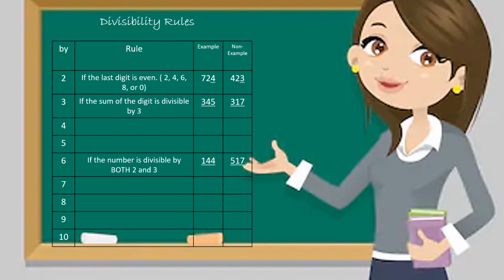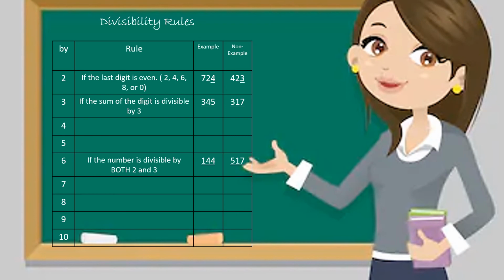Okay, paano natin malalaman kung isang number is divisible by 6? If the number is divisible by both 2 and 3. Remember, si 2, malalaman mong divisible siya by 2 kung ang dulo ng number is even number or 0. Si 3, if the sum of the digits is divisible by 3.